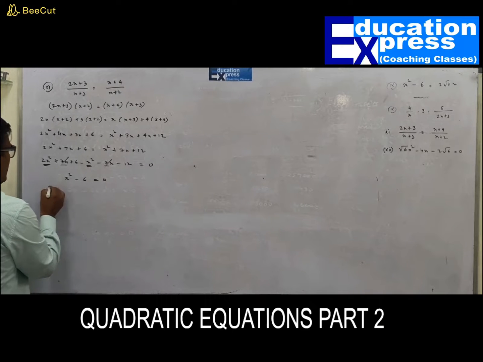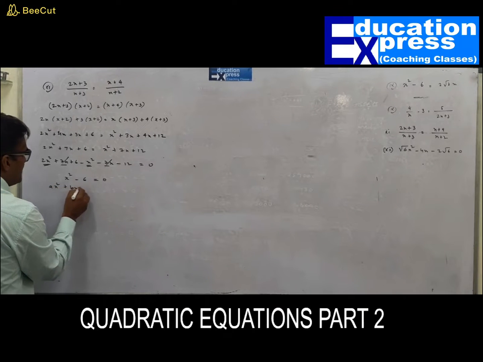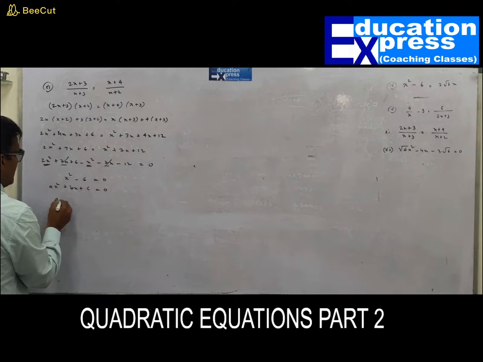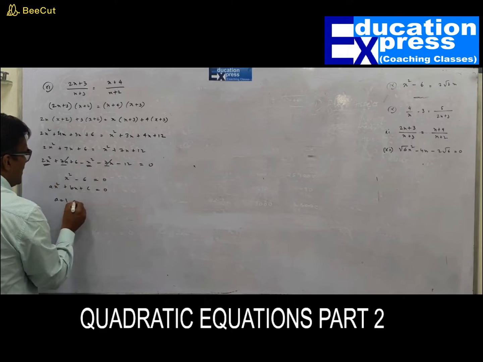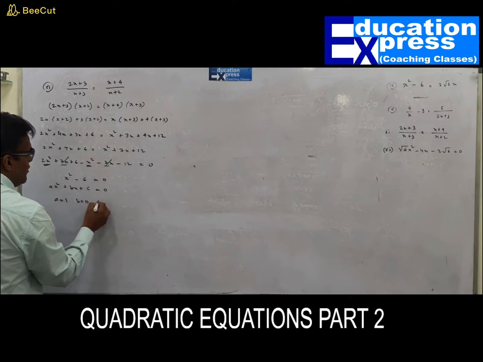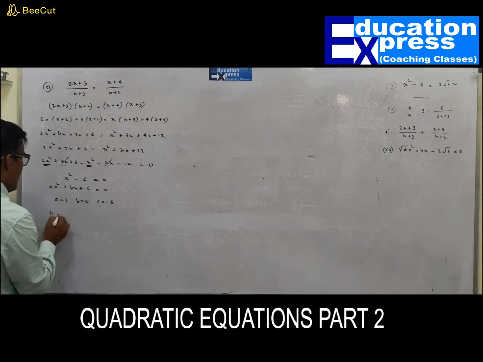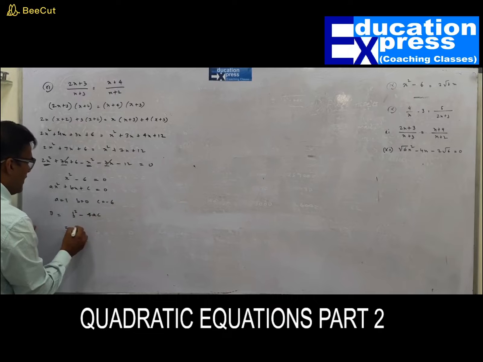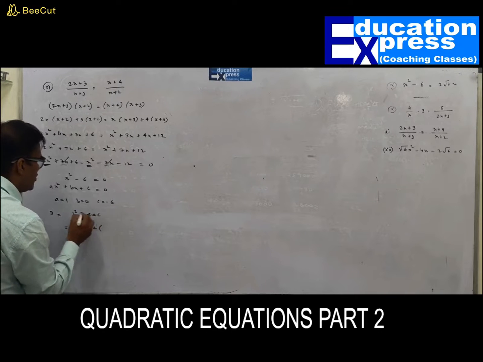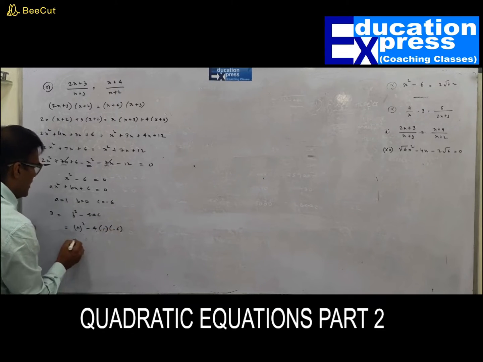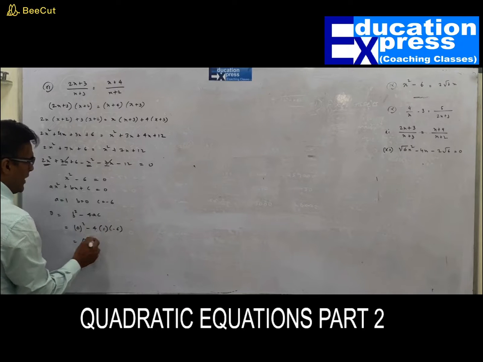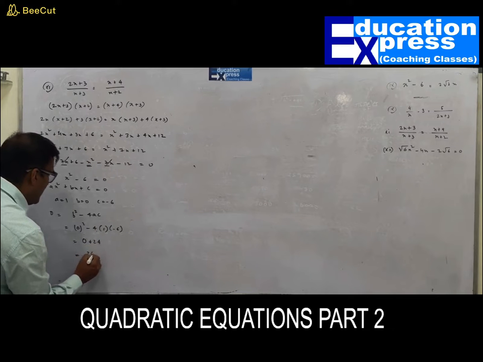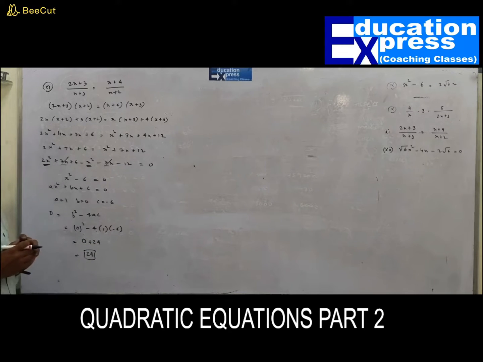If you compare with ax square plus bx plus c equals 0, the coefficient a of x square is 1. x not existing, so b would be 0. c would be minus 6. Let us find out the discriminant, b square minus 4ac. b square, that is 0, minus 4 into a into c. Minus into minus becomes plus. 4 into 6, 24. So the value of my discriminant is 24.